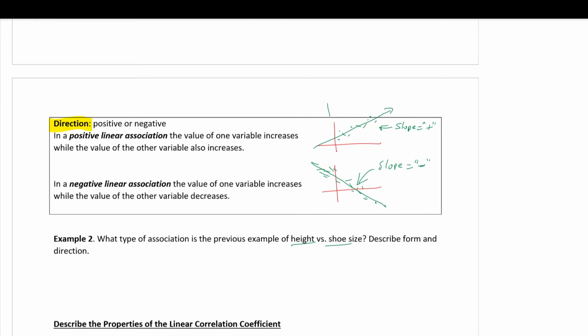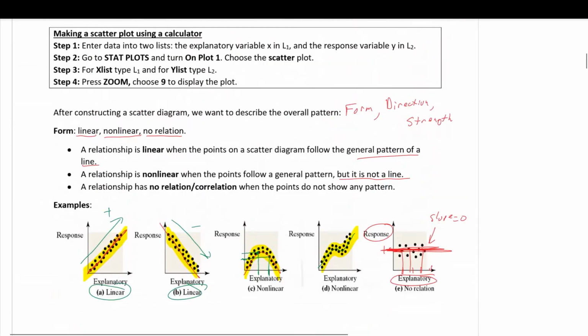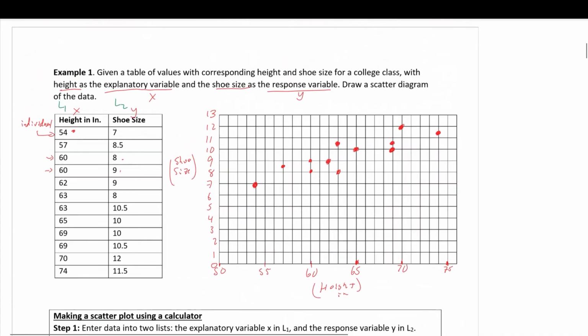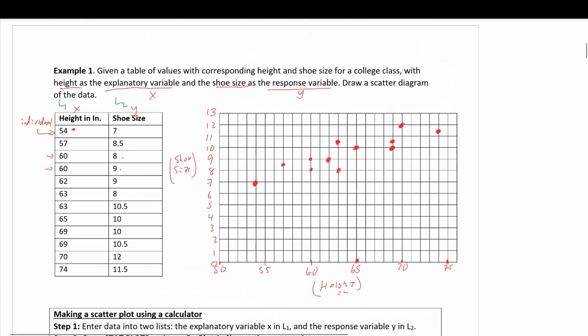So what's the form of our data? Is it linear, nonlinear, or no relation? Again, I would say I can probably fit a straight line right through there. It has some predictive power. For example, I can probably predict someone who has a shoe size of 55 to be somewhere around here, probably like a 7.